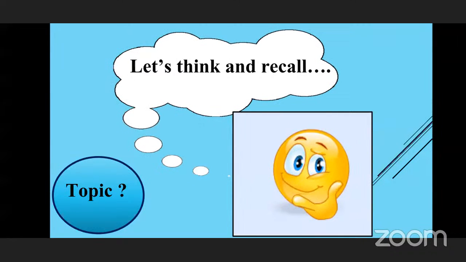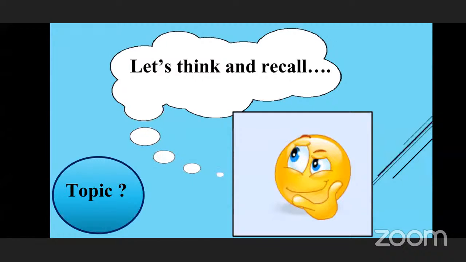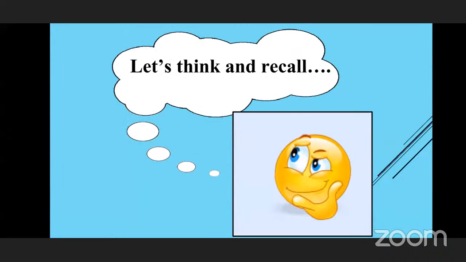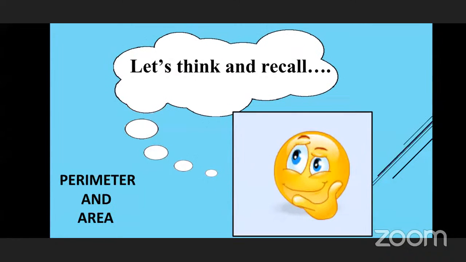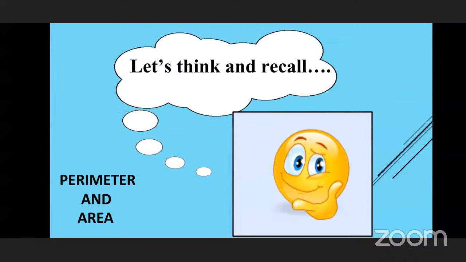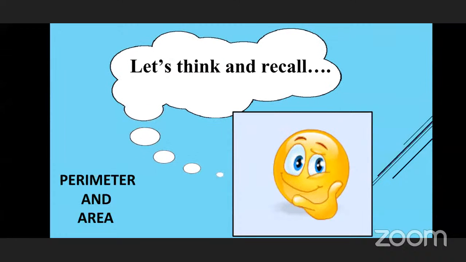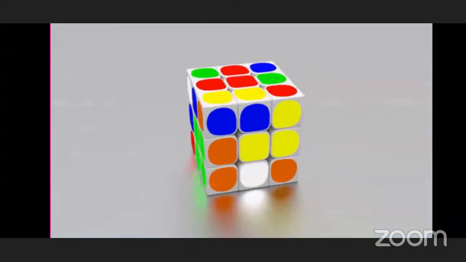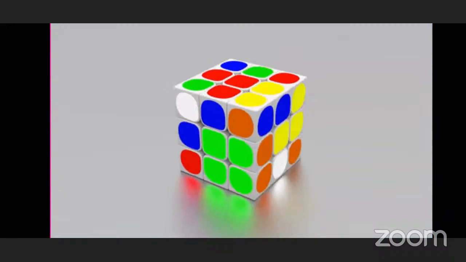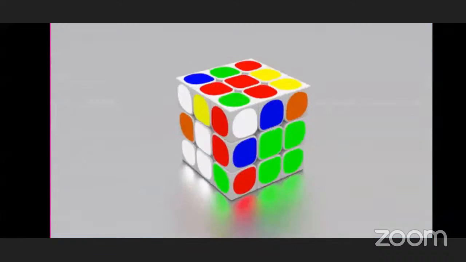Perimeter and area. Yes, excellent. The name of the topic was perimeter and area. And today also we are going to learn some new concepts in perimeter and area. But before that, we will have some recalling of the things we have learned in the last session.